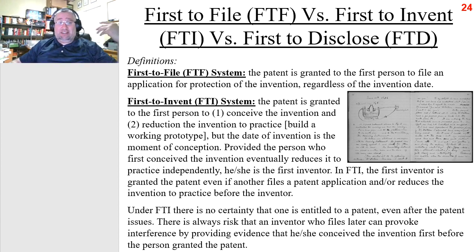So the reason that this system was just an utter mess is because under FTI, there is no certainty that one is entitled to a patent even after they file a patent and it's been successfully issued, because there's always a risk that an inventor who files a patent later can provoke an interference claim by providing evidence that he or she conceived of the invention before the person who was granted the patent, right?